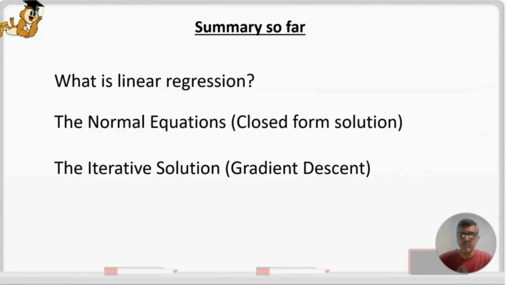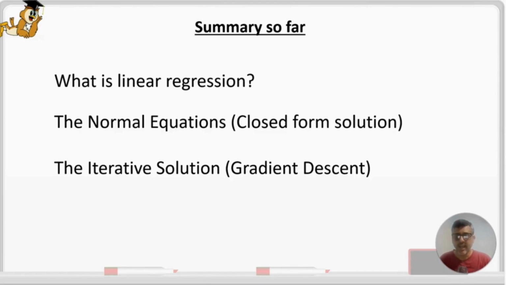Okay, summary so far. In this lecture, we looked at what linear regression is. We said that it was essentially constructing a linear model, same thing as identifying a hyperplane in multiple dimensions, which best passes through the points in your training data.